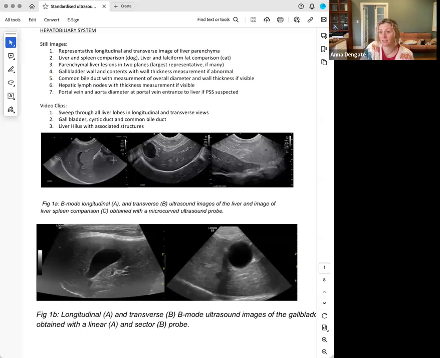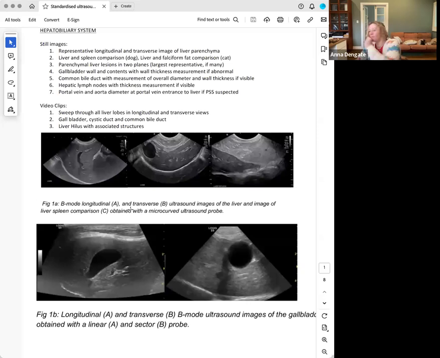I think it's really good practice to get in the routine of doing it every time you can, but I wouldn't compromise patient welfare and the contextualized care that we really prioritize to give more sedation to facilitate measurement of a common bile duct and hepatic nodes in a patient that doesn't have any indication of disease in that area. Does that make sense? Yep. So permission to be a little bit flexible with your images.